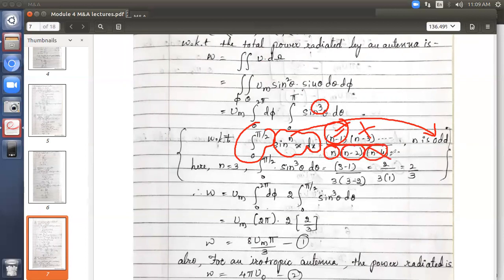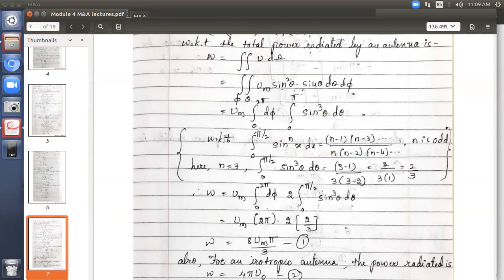Negative term you will get, remove it. So only take first term in the numerator, two terms in the denominator. So this is the equation you can use. I think you have derived it in your mathematics. Sine raised to n when n is odd, this is the formula.